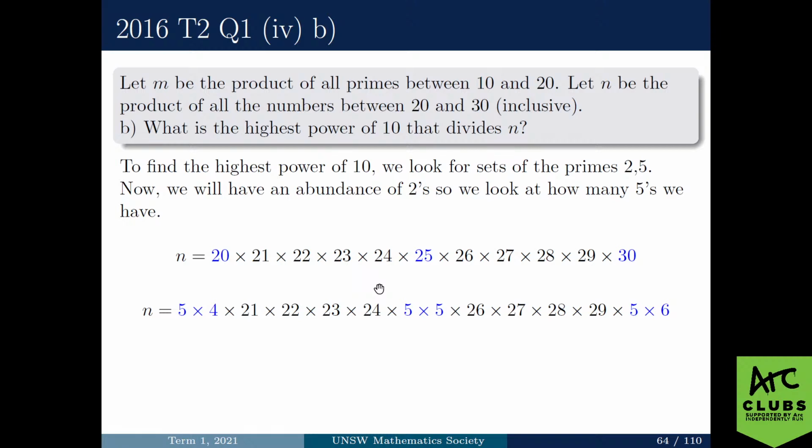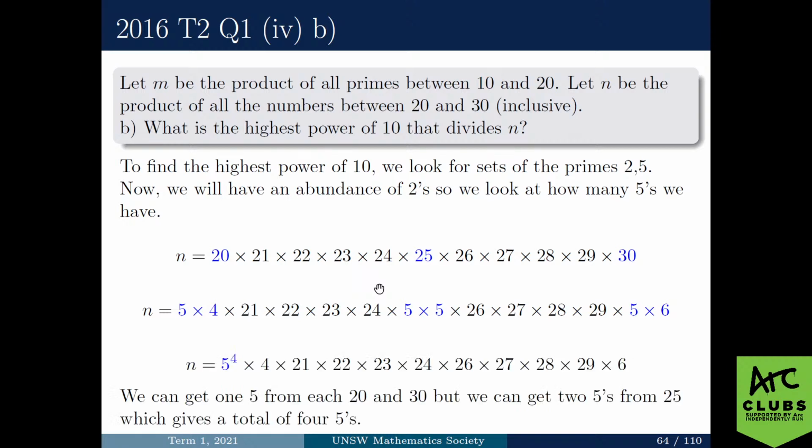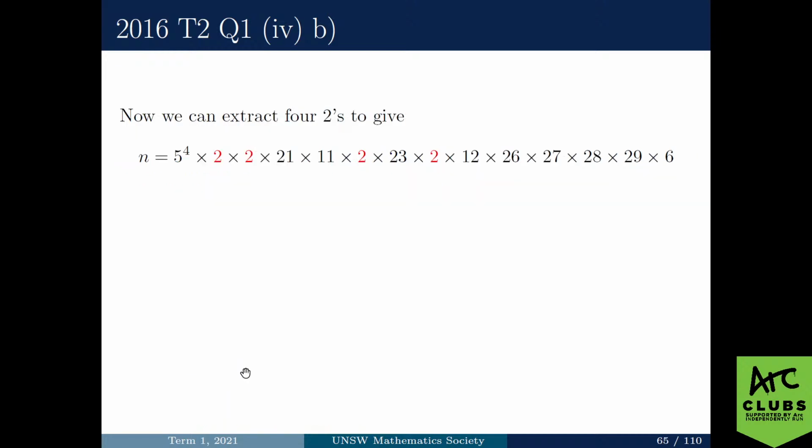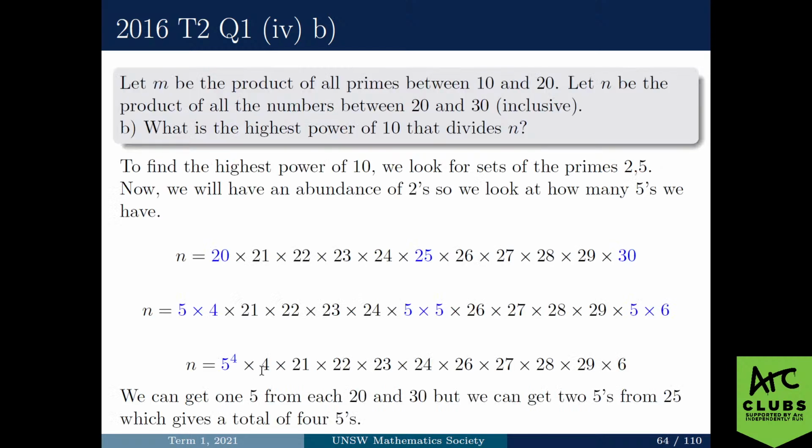And if we extract all these 5's to the side, we get 5 to the power of 4. So that means we need a 2 to the power of 4 to match that 5 to the power of 4 to get 10 to the power of 4, or just 10's in general, right? And 2's, as I said before, are not really hard to find in the sequence, right? Because 4 will give us 2 2's, 22 will also give us a 2, 24 will give us lots of 2's as well, and the number of 2's will definitely be larger than 4, okay?